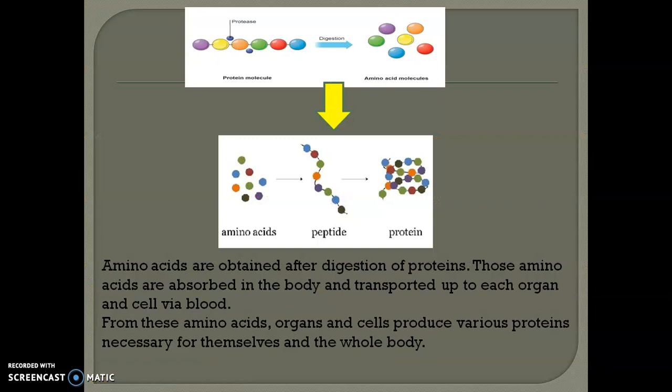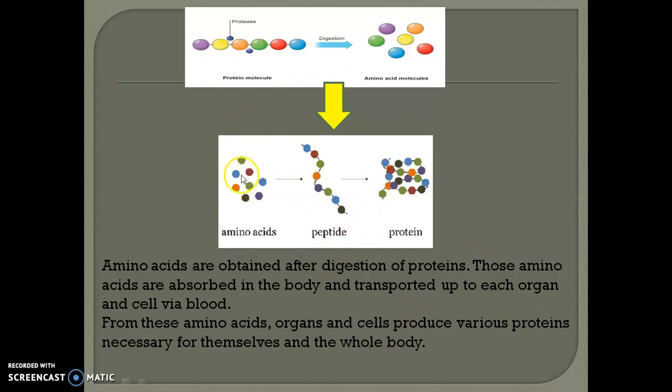Now let's see this diagram. A protein molecule after digestion is converted into amino acids. These amino acids are absorbed in the body and transported to each organ and cell via blood. From these amino acids, organs and cells produce various proteins necessary for themselves and for the whole body.